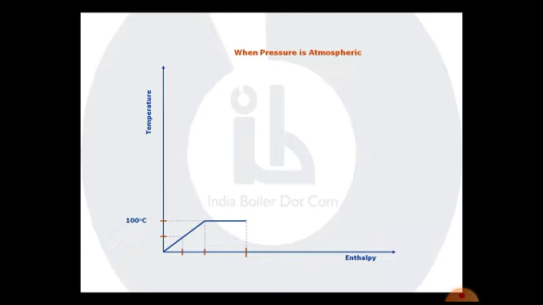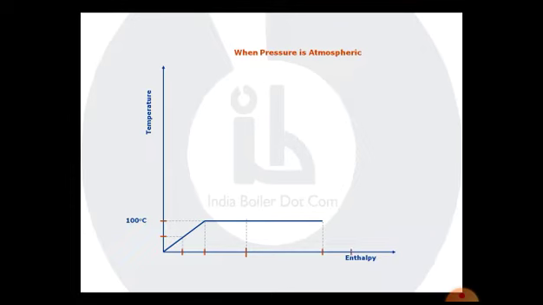And this is going to continue till all the water molecules become steam molecules. Enthalpy will increase, temperature will not, and the line will stay parallel to the x-axis. Now at this point, let us assume all the molecules of water have become molecules of steam. If we add heat, again it will be sensible heat.